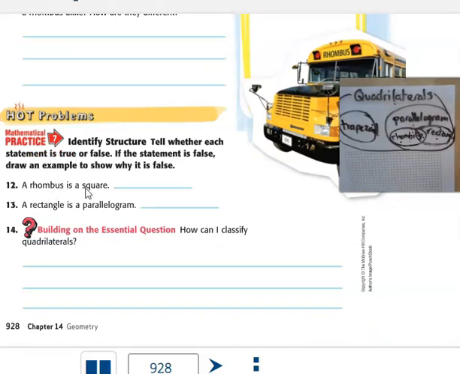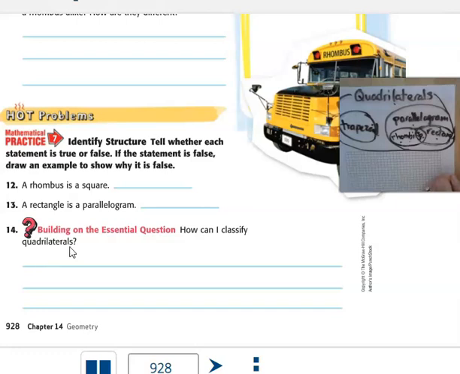A rhombus is a square, true or false? Now, some might be, but are all rhombuses squares, yes or no? A rectangle is a parallelogram. Is that true? Are all rectangles parallelograms, yes or no? Look at our Venn diagram and see if that helps you figure that out.